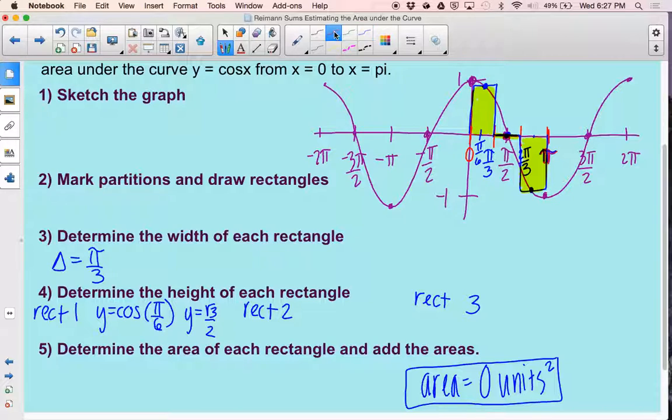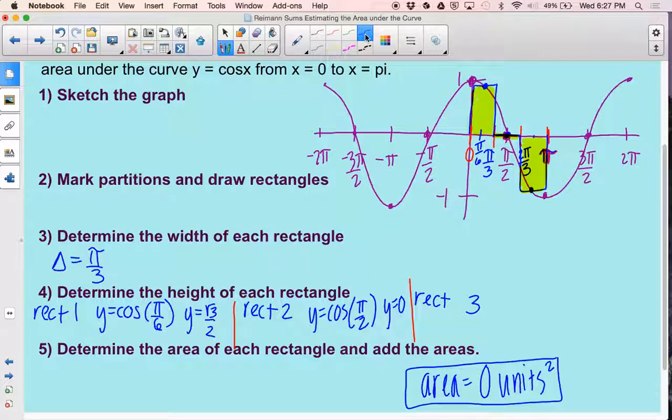Rectangle 2. So rectangle 2, the middle of that's pi over 2. So we'd be plugging in pi over 2. So I'd say cosine of pi over 2. And if you think back to pre-calc, cosine of pi over 2 is 0, which makes sense because the height of that rectangle is 0.